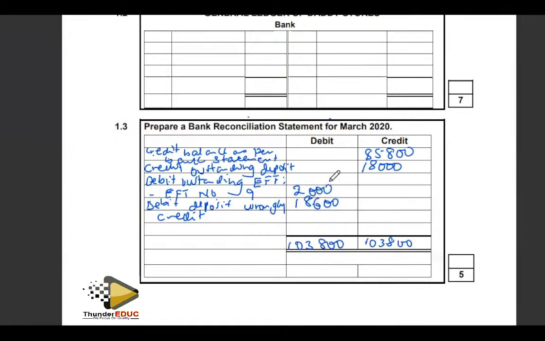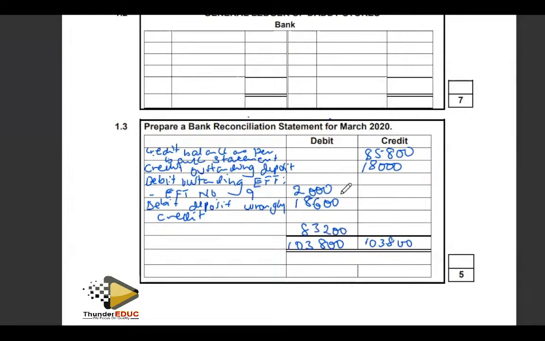So I have to add this side and get what's the difference. So I'm going to just subtract off these two, minus 2,000, okay. So minus 2,000, getting that minus 18,600. My balance is 83,200.